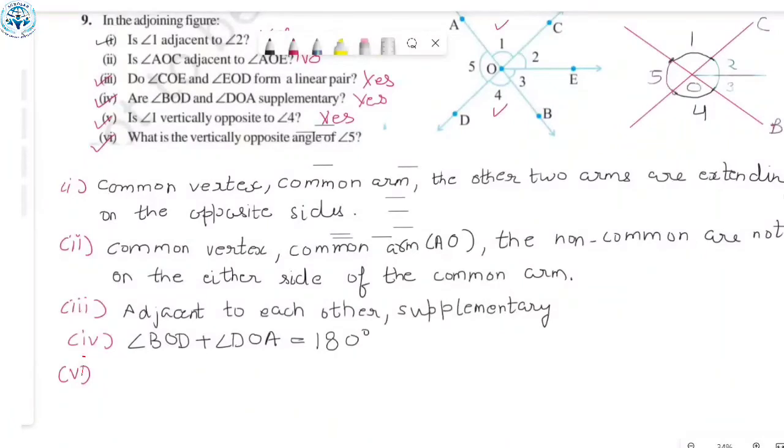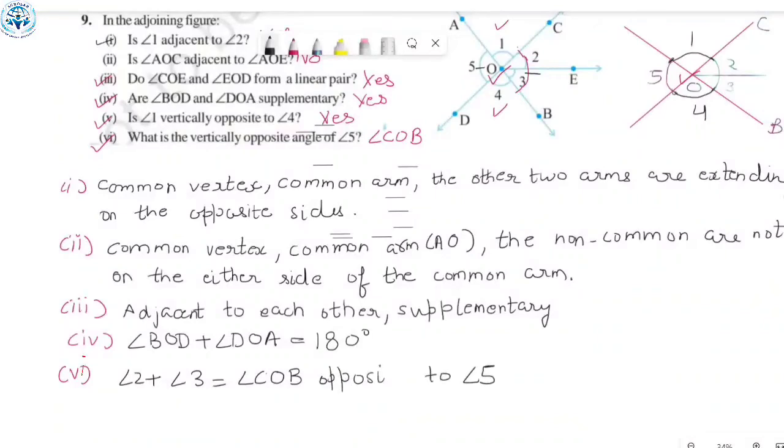So the vertically opposite angle to angle 5 is angle COB, or we can say the sum of angle 2 and 3, as the lines AB and CD are intersecting each other, are crossing. So two pairs of vertically opposite angles are there in the figure. One pair is angle 1 and angle 4, another pair is angle 5 and angle 2 plus 3.